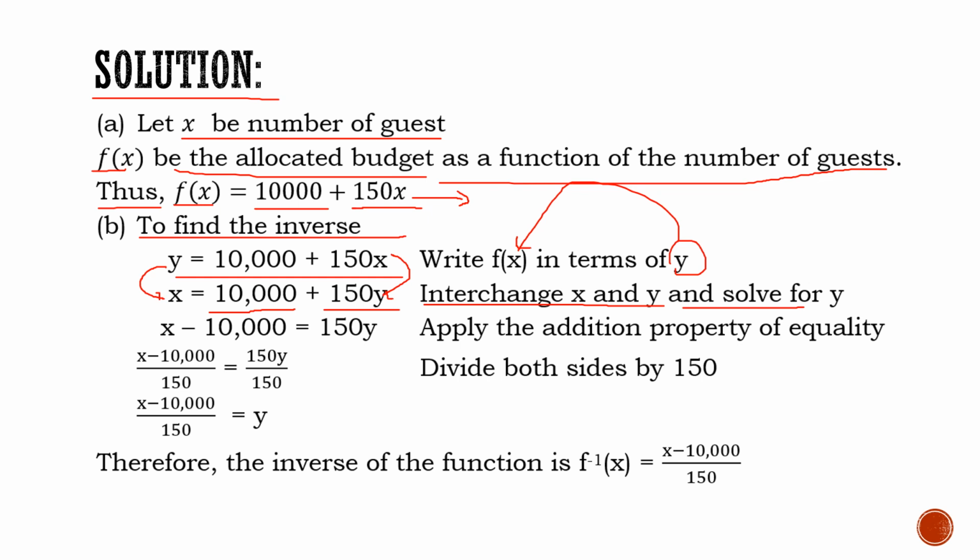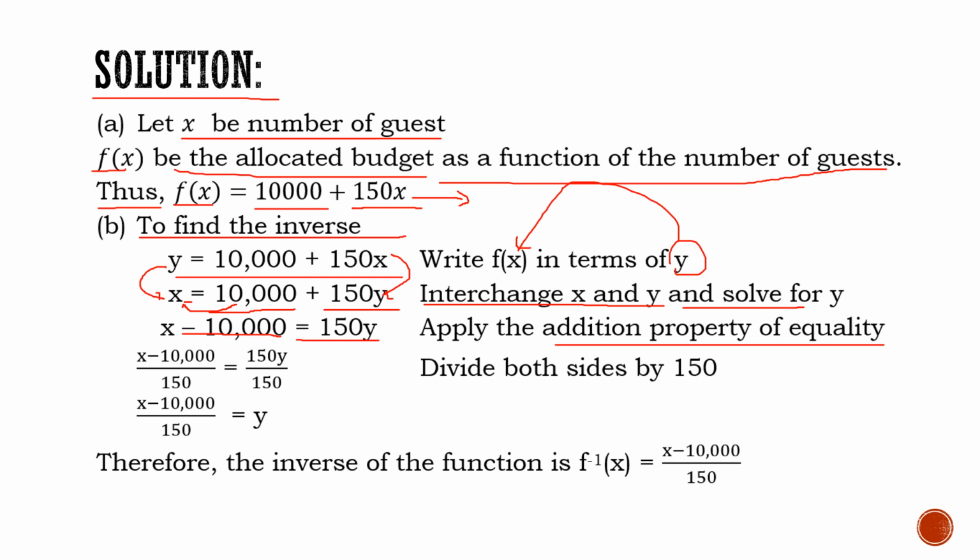Then the next thing to do is to solve for y in terms of x by simply applying the addition property of equality. So we transfer this positive 10,000 from the right side to the left side of the equation, so it becomes negative 10,000 here is equal to 150y.